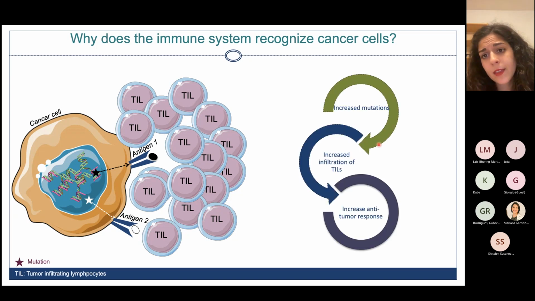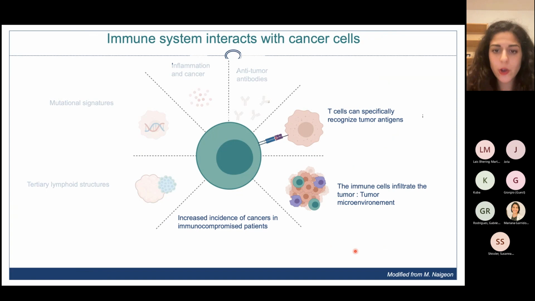So the concept is that the more mutations you have in your cancer cells, the more infiltration of tumor infiltrating lymphocytes you will have, and the better will be your anti-tumor response. So I have shown you that there is an increased incidence of cancer in immunocompromised patients and mice.